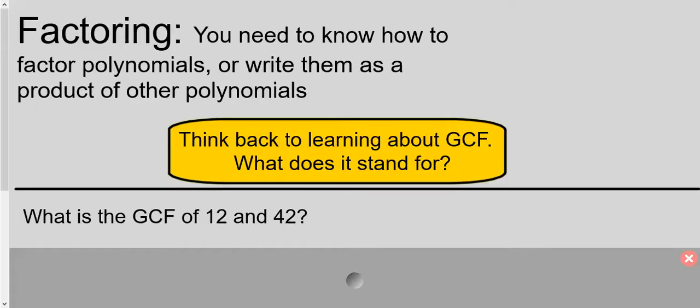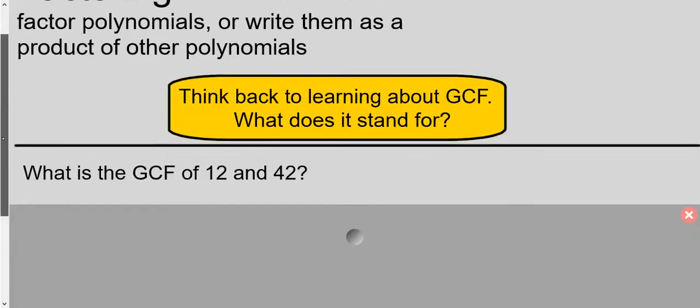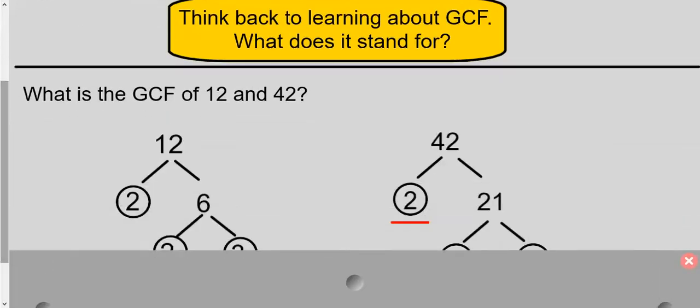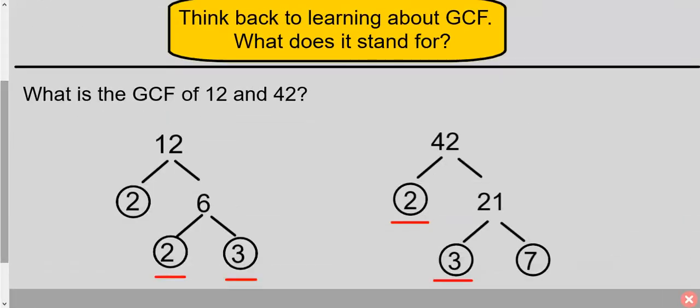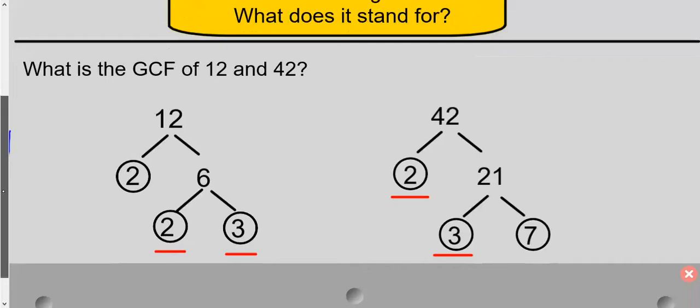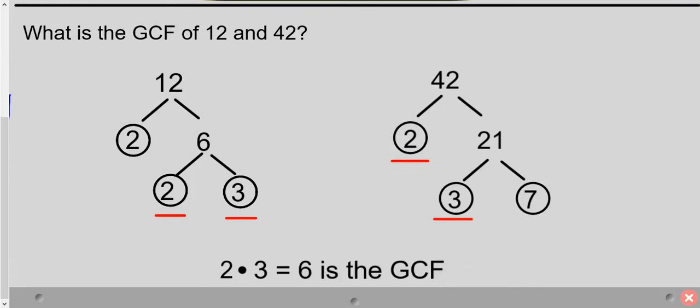All right, let's get into factoring. We're going to factor out the GCF, greatest common factor. You guys have done this in pre-algebra. To factor it, you break it down. 12 breaks down into 2 times 6, 6 breaks down into 2 times 3. 42 breaks down into 2 times 21, and 21 breaks down into 3 times 7. So to figure out what the greatest common factor is, figure out what's in common.